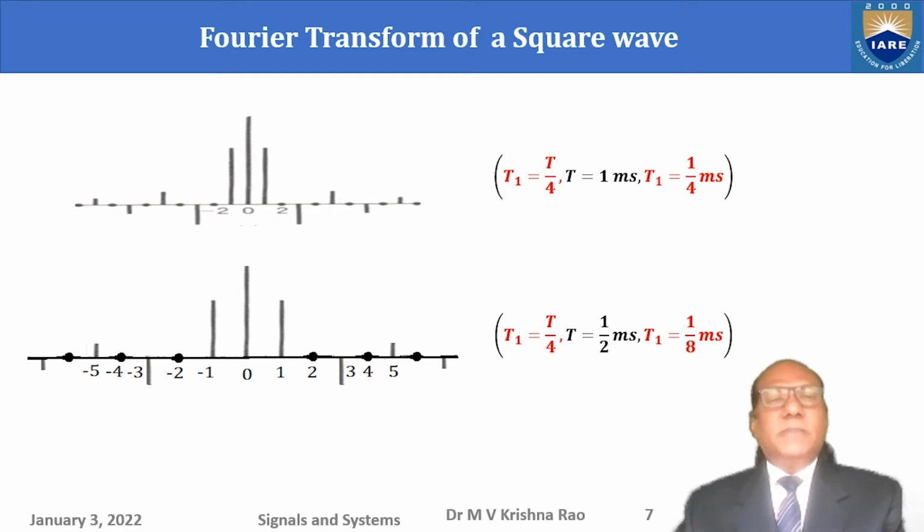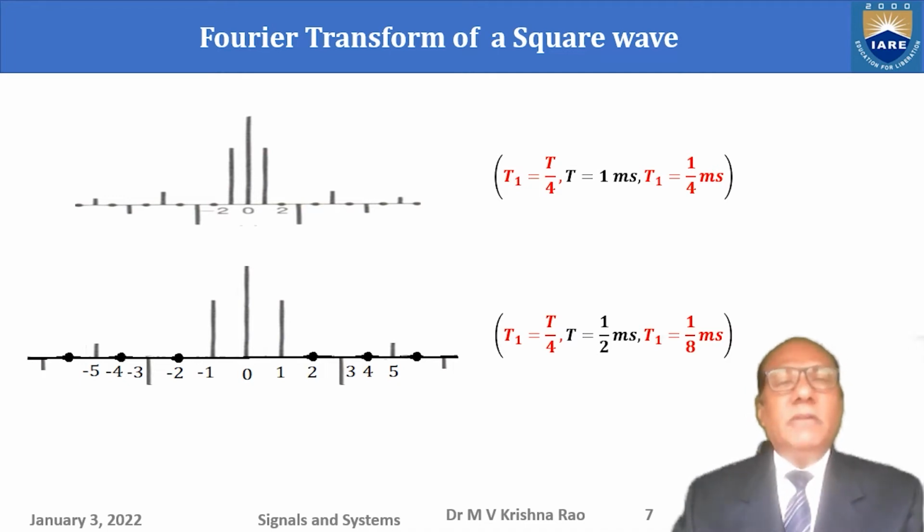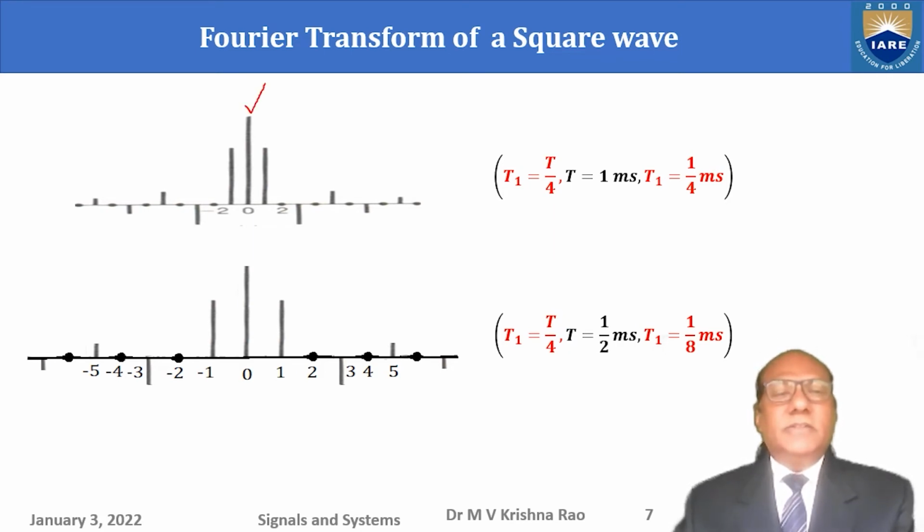By seeing this spectrum, is it a bipolar or unipolar square wave? By seeing the DC value in the middle, you can conclude that it is a unipolar square wave.